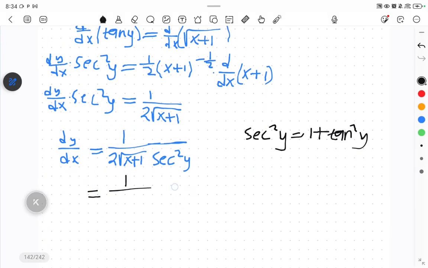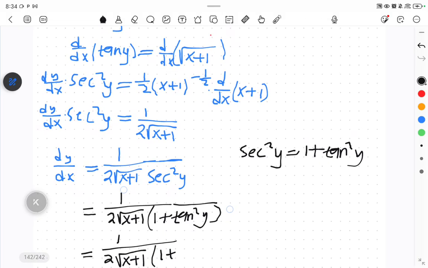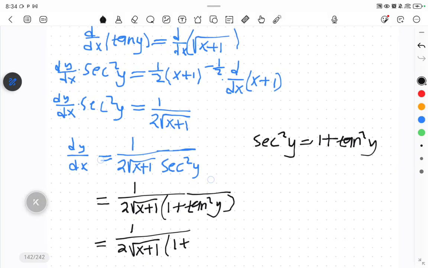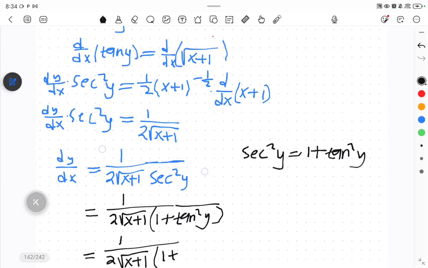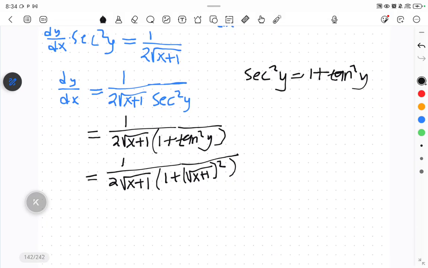It's 1 over 2 root of x plus 1 into 1 plus tan squared y. And we know that tan y is equal to root of x plus 1. So we can just plug root of x plus 1 inside tan, and that will be squared. You see, right? And this will be equal to 1 over 2 root of x plus 1.